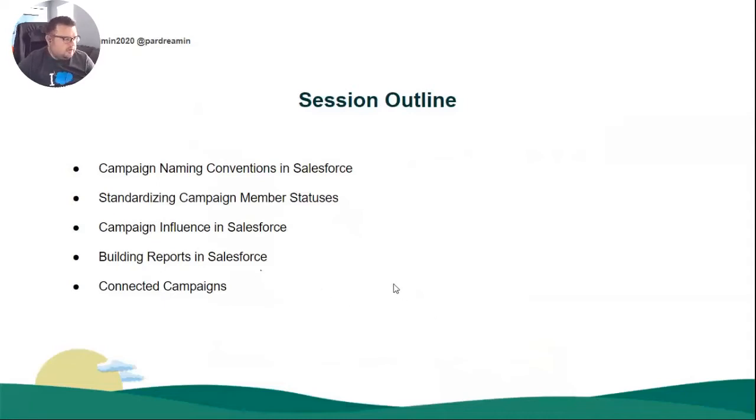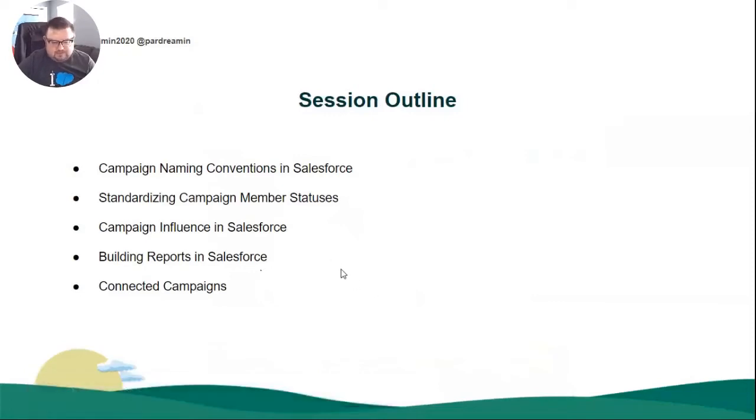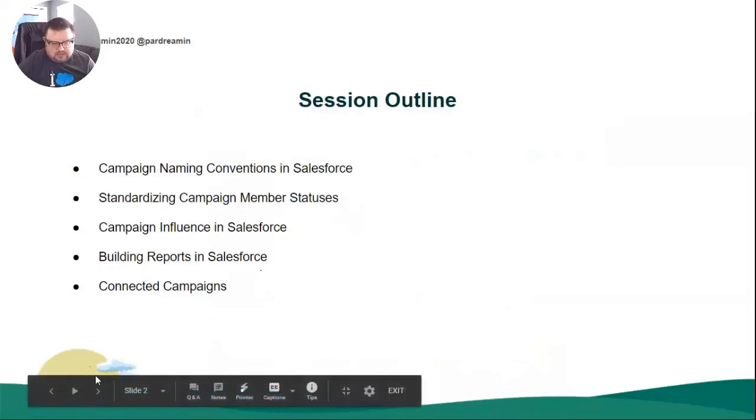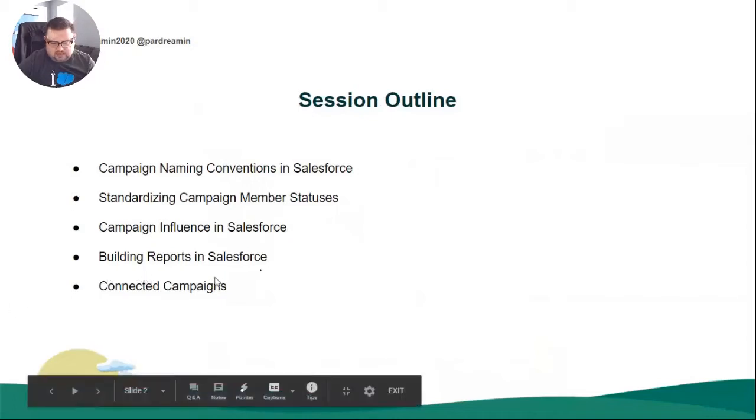This is largely going to be about the more traditional ways of measuring campaign influence using the campaign object and campaign member statuses. But like I said, there will be some information specifically around the connected campaigns.